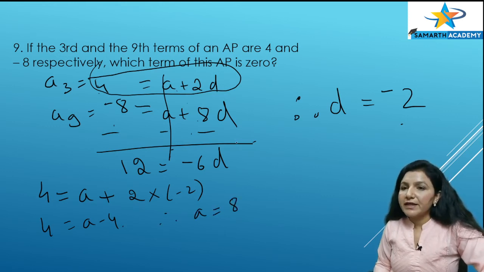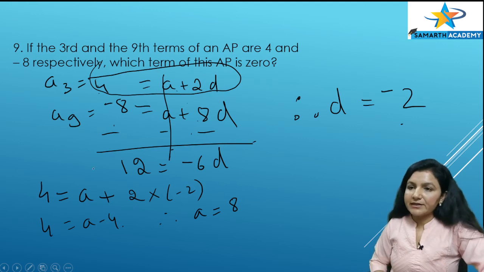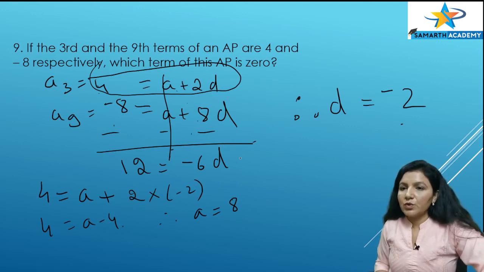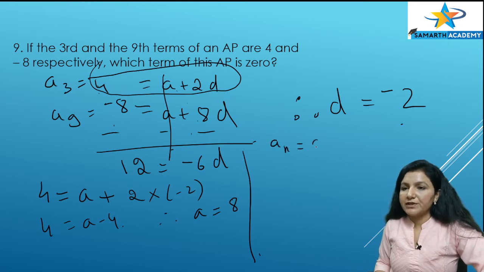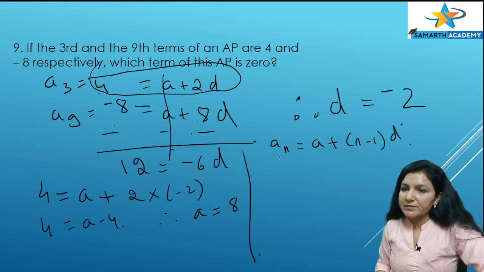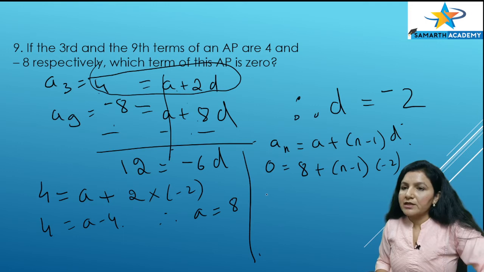Now, which term of the AP is 0? Let the nth term be 0. So, we'll write An is equal to A plus n minus 1 into D. And he is saying which term is 0. So, the nth term is 0. 0 equal to 8 plus n minus 1 into D, which is minus 2.